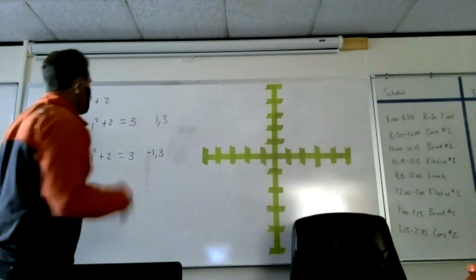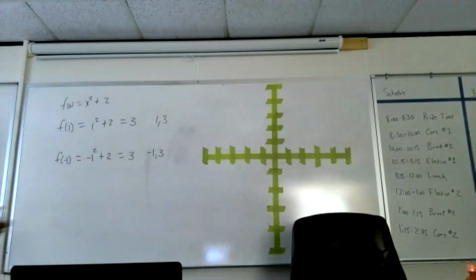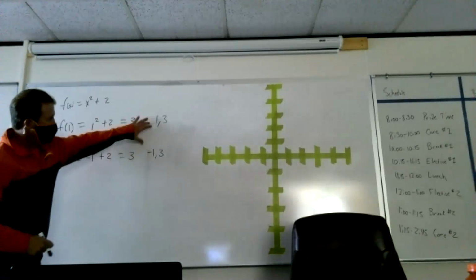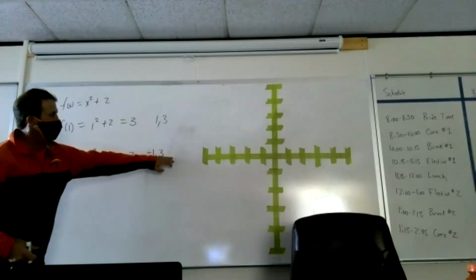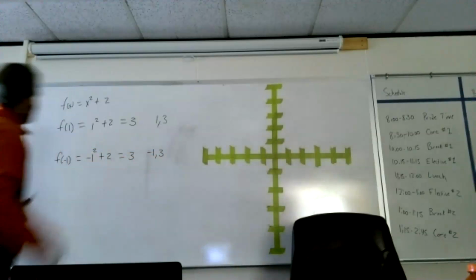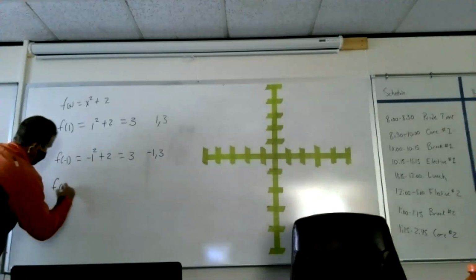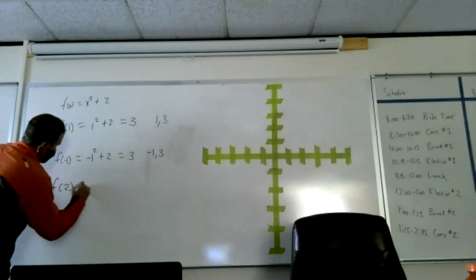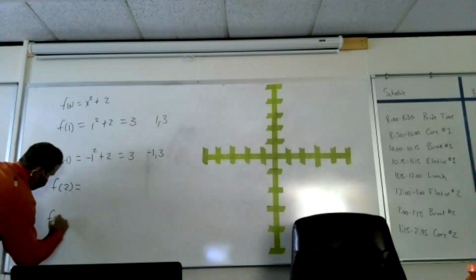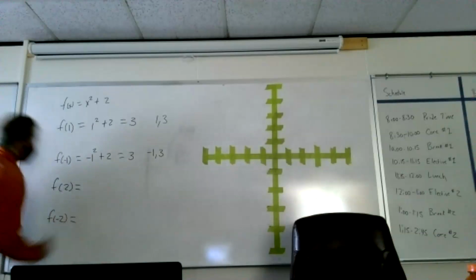It says for any (x, y) value, if we plug in the negative of that x value, we should get the same y value. Because I'm skeptical and don't really know if it's true or not, I'm going to take it even farther, and I'm going to plug in f of 2 and f of negative 2, just to be sure.